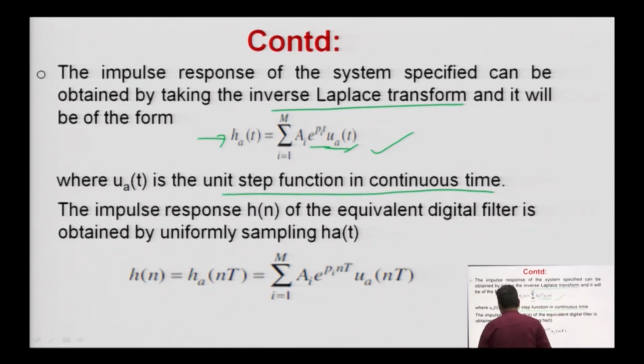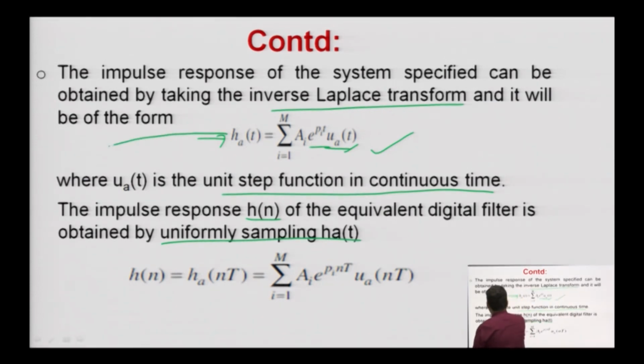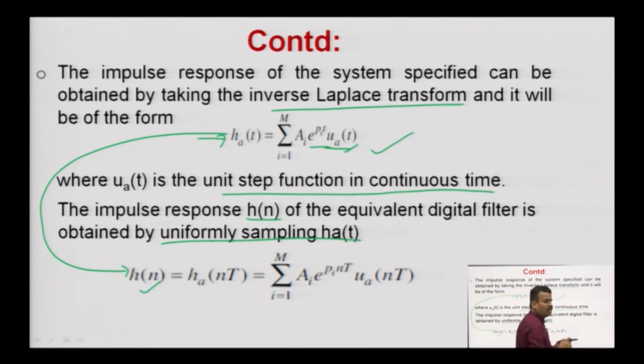So, now the first step is clear, you are taking the inverse Laplace transform. Now, you have to do sampling here. So, now you want h(n), that is the equivalent impulse response of the digital filter, and you will get it by doing the uniform sampling of h_a(t). So, the second step is you have to do uniform sampling here, then you will get the small h(n).